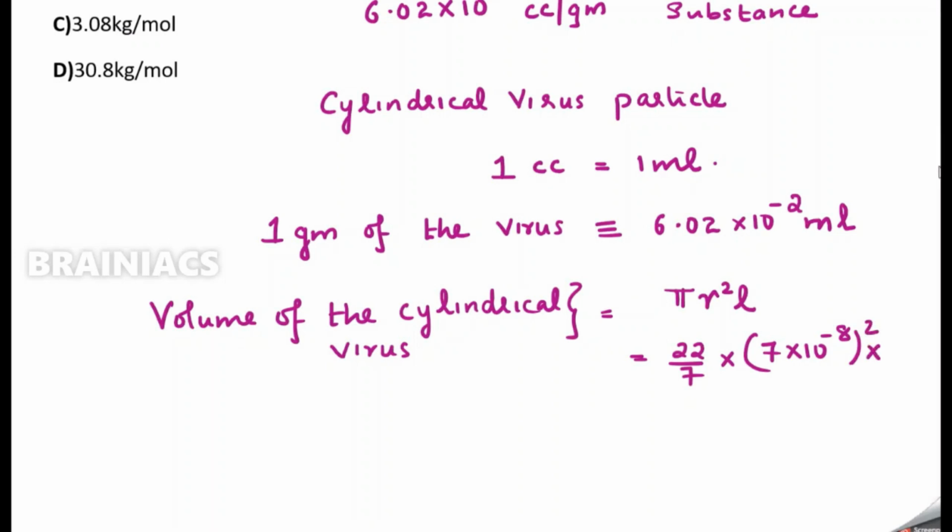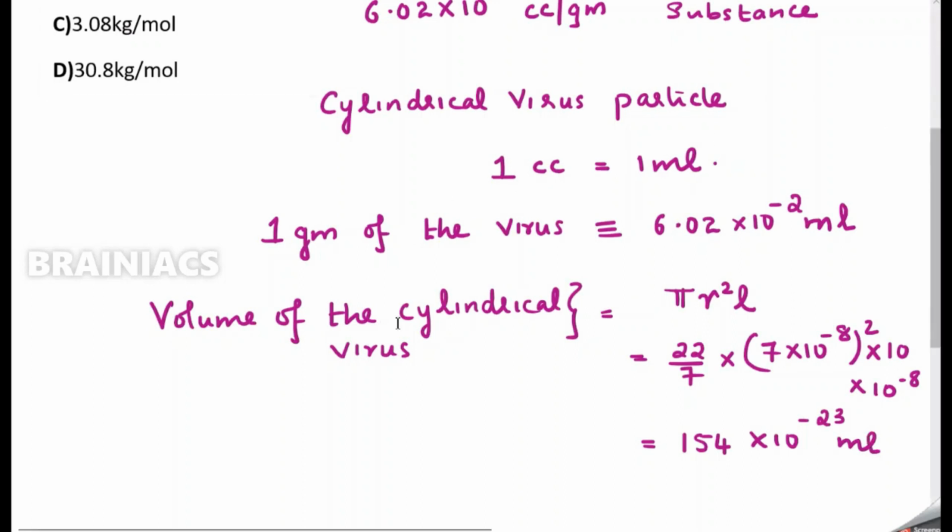They have given 10 angstrom. So that means 10 into 10 power minus 8 centimeter. So if you multiply these values, you will get something like 154 into 10 power minus 23 cc or ml. This is the volume. Either you can say it in cc or in ml.